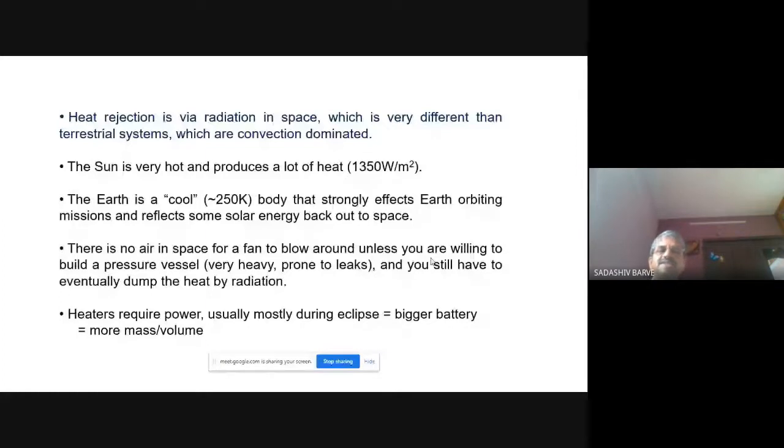This is the amount of energy a near-Earth satellite receives at an average distance of what they call one astronomical unit between the sun and the earth. The earth is a comparatively cool object.